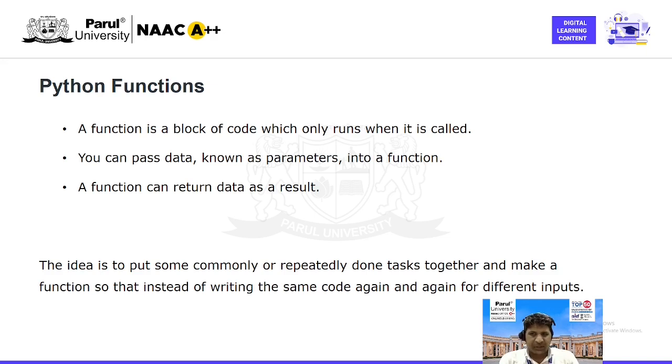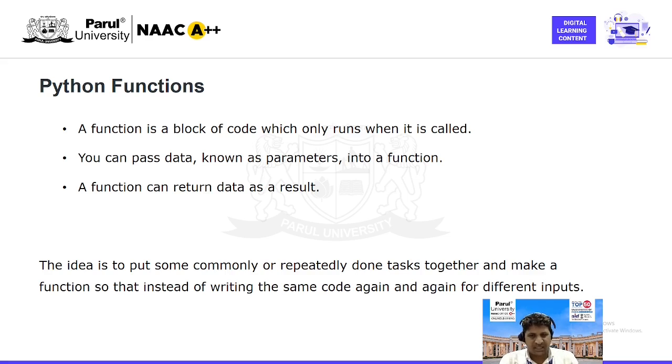The idea is to put commonly and repeatedly used tasks into a function. A loop can also repeat a task, but it can repeat the task only at a single place, not at different places.